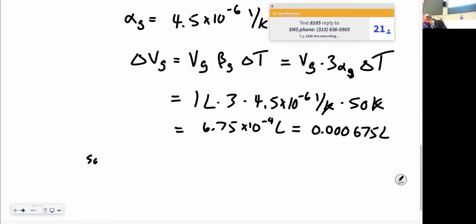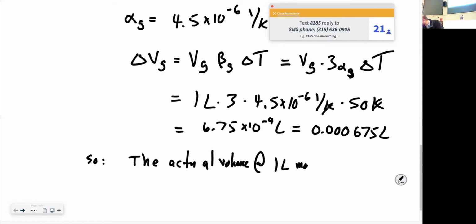So, what does this mean? The actual volume contained within the 1 liter mark is 1.000675 liters.